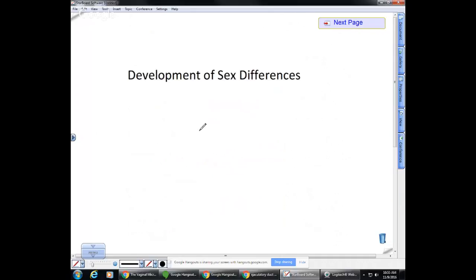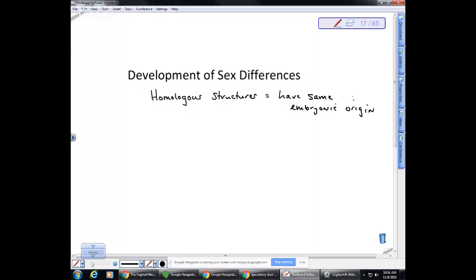So let's look at the development of the sex differences in males and females, and we can talk about homologous structures. Homologous structures in this case have the same embryonic origin. So it's the same set of tissues, same set of cells. When we look at the gonads, they are the same.